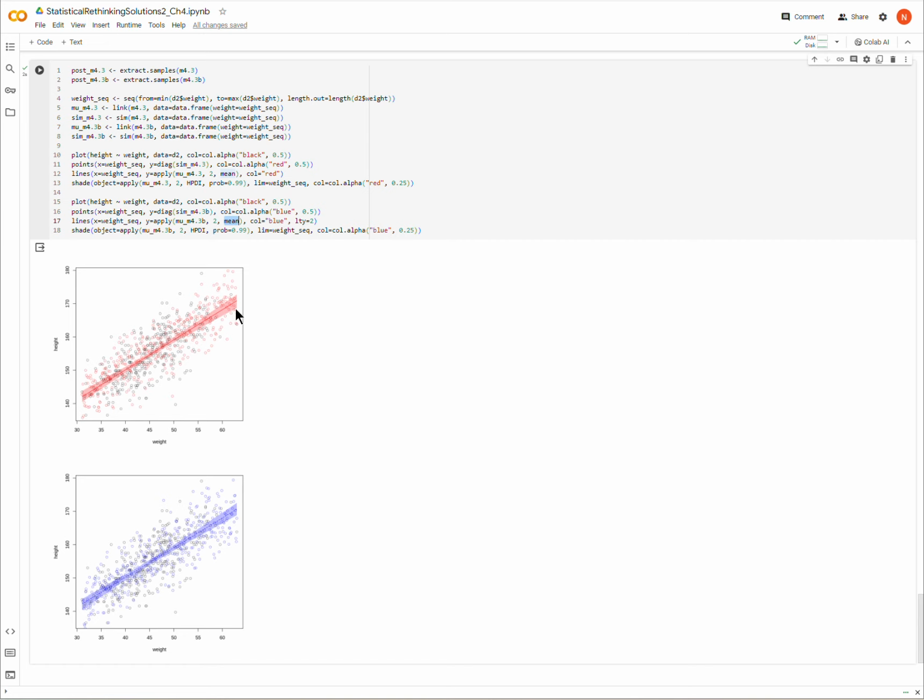And that shading is an HPDI, a highest posterior density interval, to show the credibility interval of the average. You'll notice that it's the same for the two models. So even though the first model uses centering and the second one doesn't, they put out the same predictions.